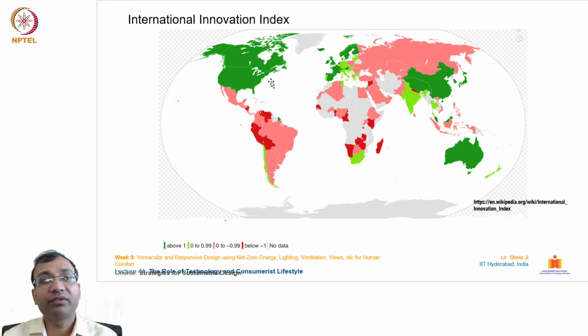So in this one, if you see the countries such as US and Canada and China, Australia, and United Kingdom over here, Sweden, Norway, France, Germany. These countries are doing very good on this international innovation index. Well, India is not far behind. India is also in the second slab over here. You can see this is in the light green.